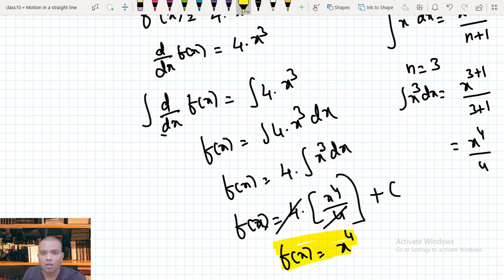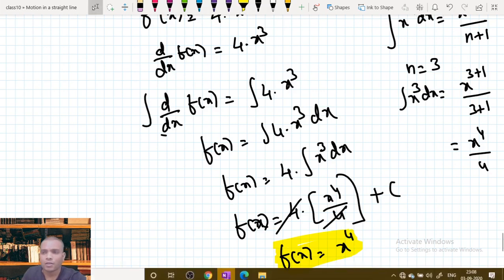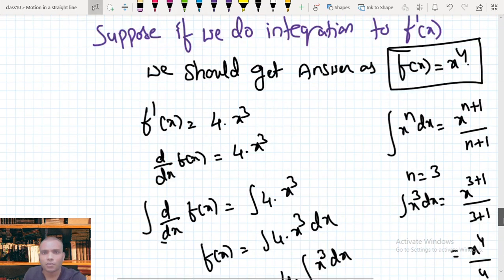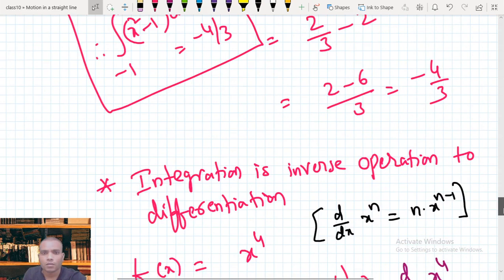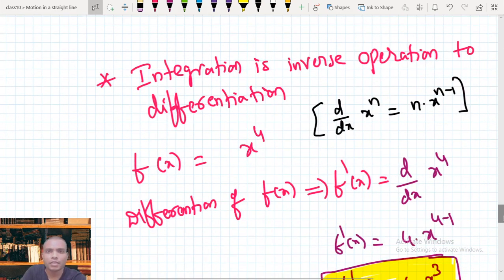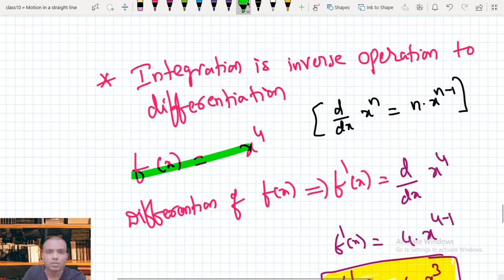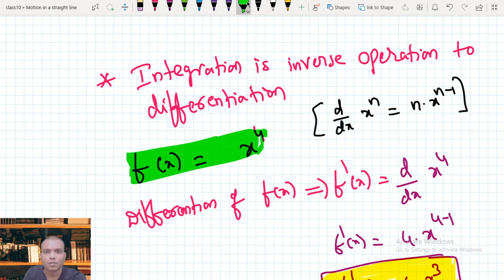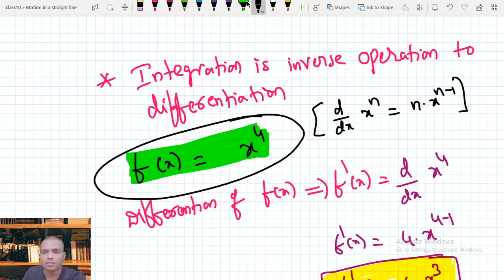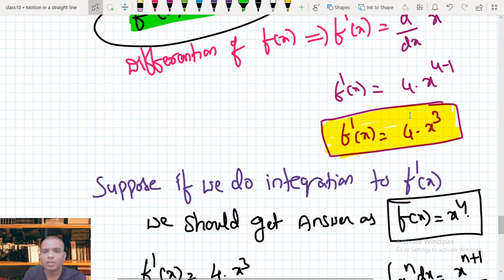So that's how we got our first function that I took, f of x equals x power 4. This is the function I took to do the differentiation, and we got the differentiation function.